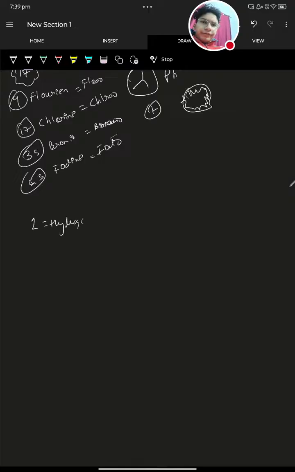Hydrogen, helium, lithium. Helium is a noble gas.